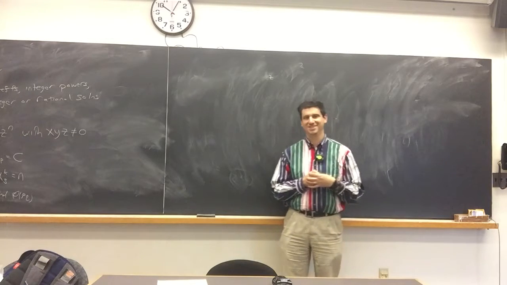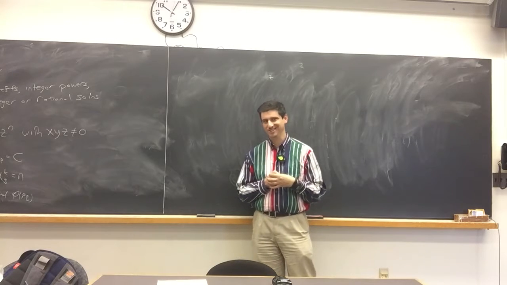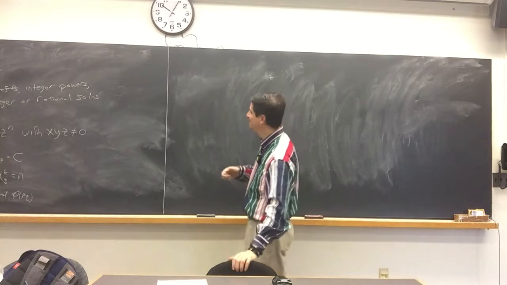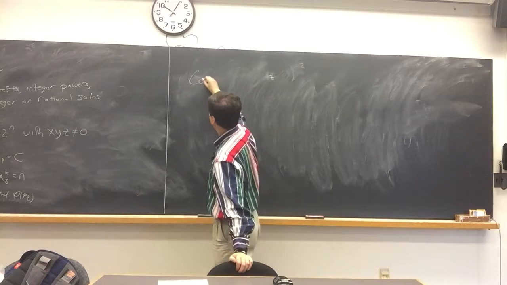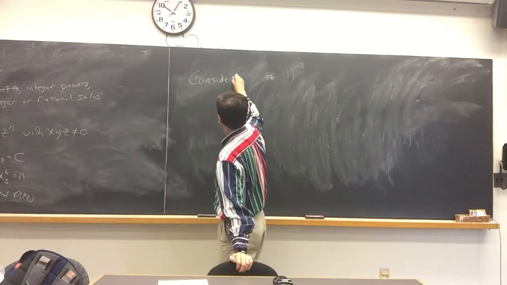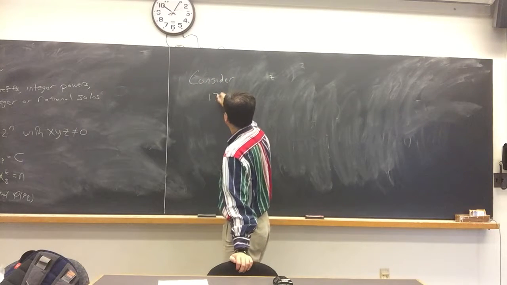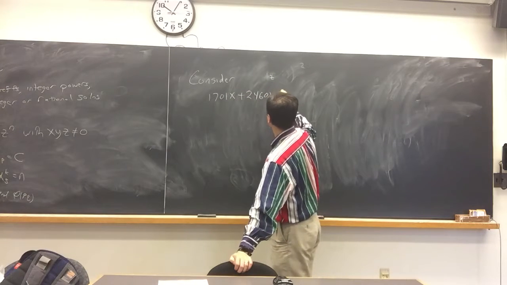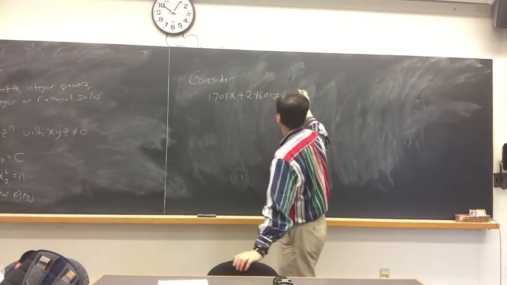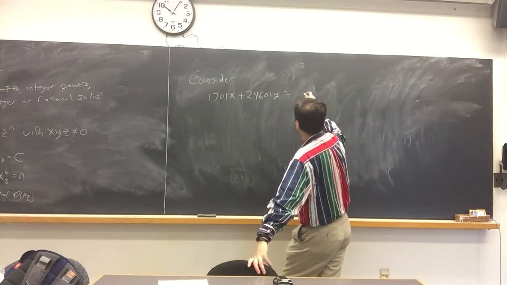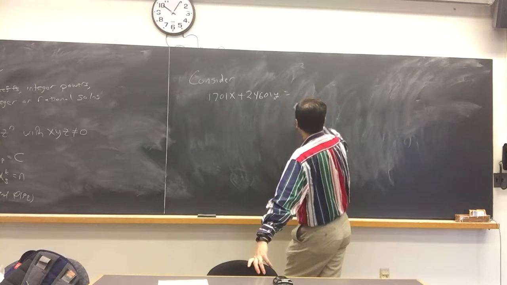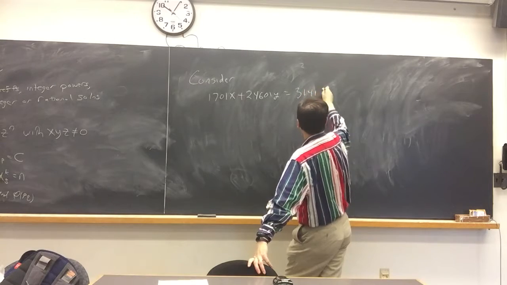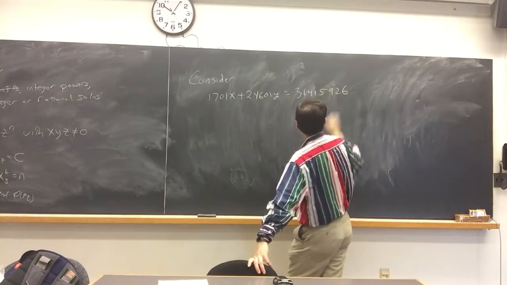It's not a call. All right, so let's consider 1701x plus 24601y equals 31415926.